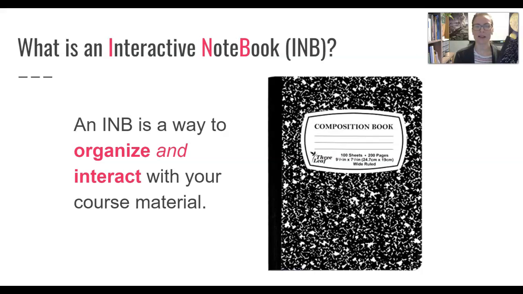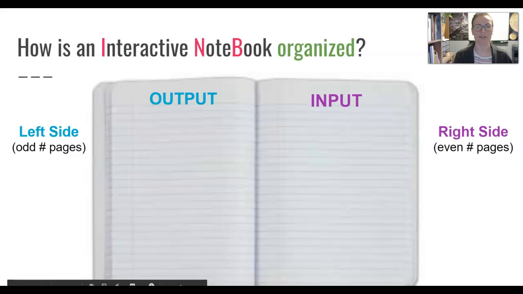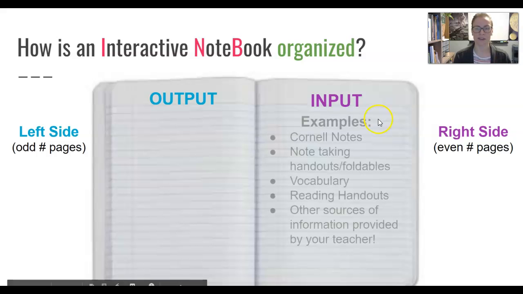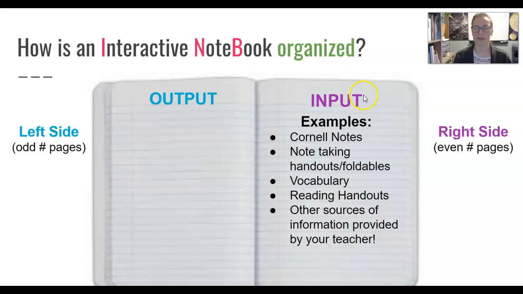Your INB is a way to organize and interact with all of your course material. We've organized your INB into two sides, the left side and the right side. The right side is for material and information that you get from your teacher. We call that input.